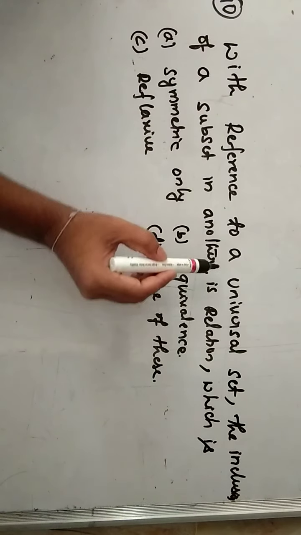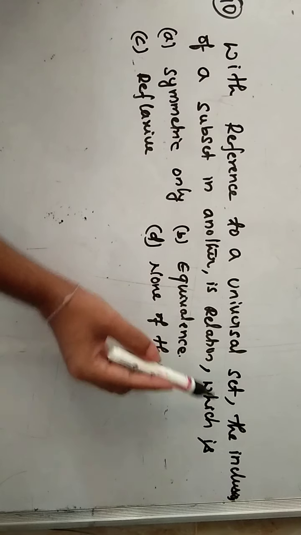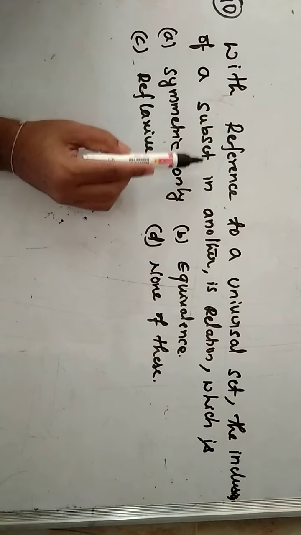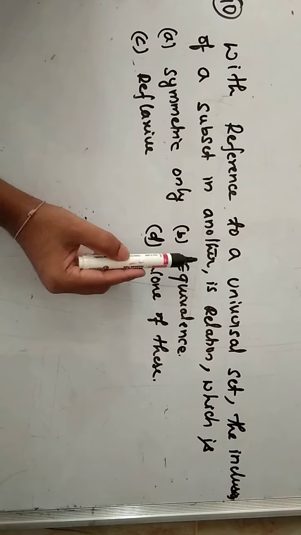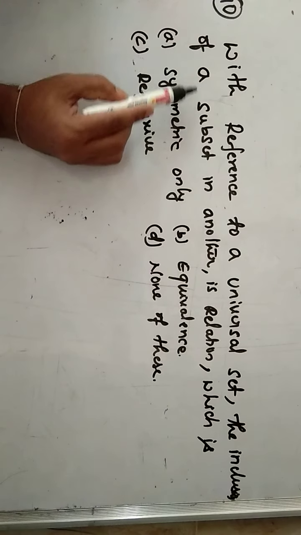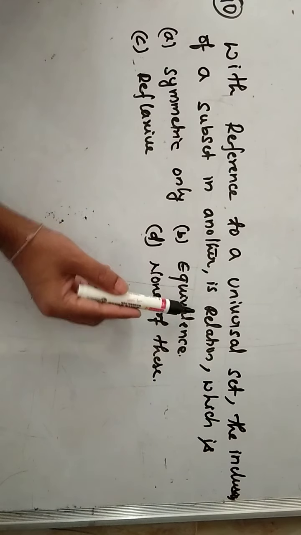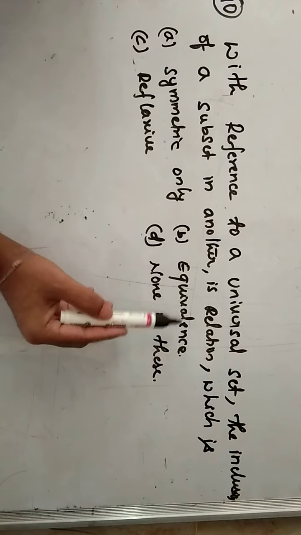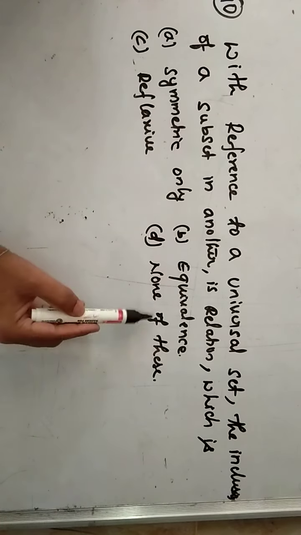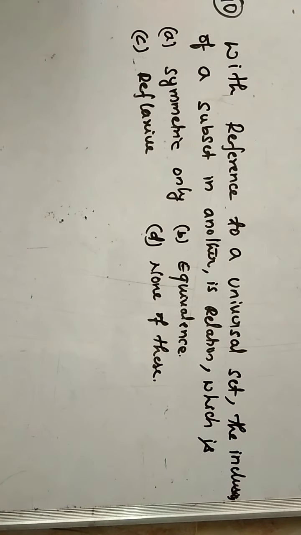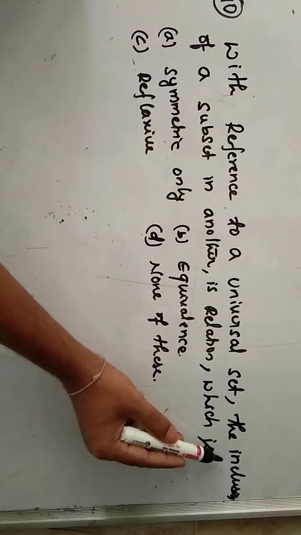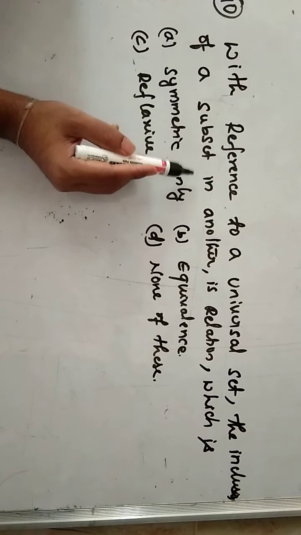With reference to a universal set, the inclusion of a subset in another is a relation which is symmetric only, equivalence, reflexive, none of these. How do they define it? With reference to the universal set, the inclusion of a subset in another.